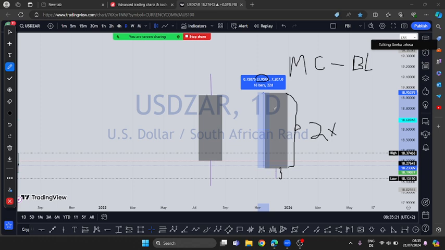So let's just say maybe 3, and then the length of the wick here must be at least less than 1.5 or something like that. Then this is a momentum candle. It's one of the candlesticks that we recognize, and we know that it's used to blow the liquidity.